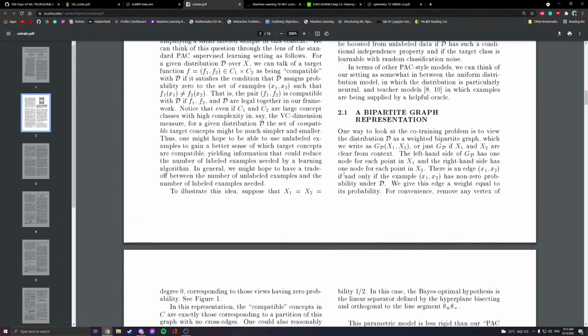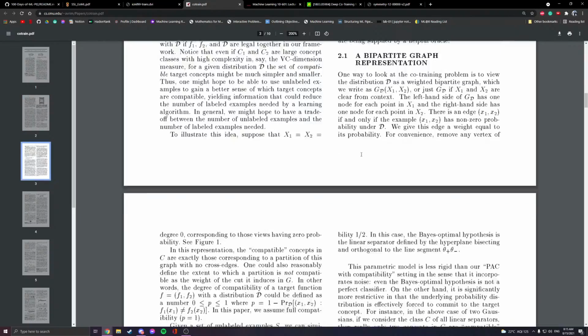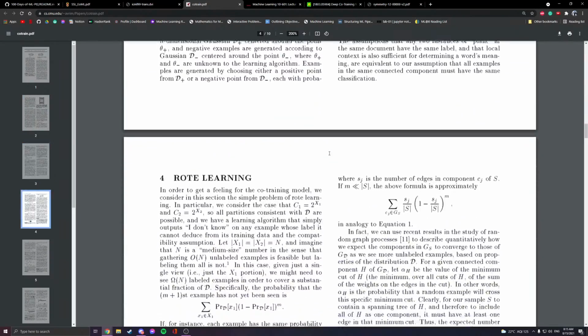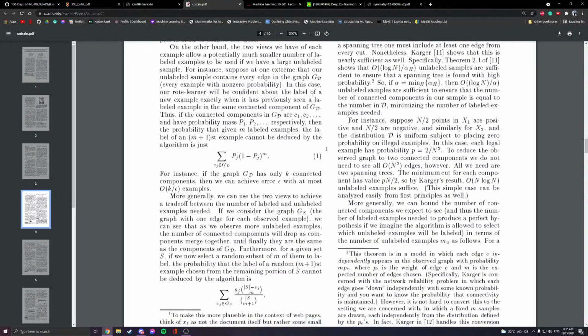That doesn't really give the answer. This paper is a lot harder to read.